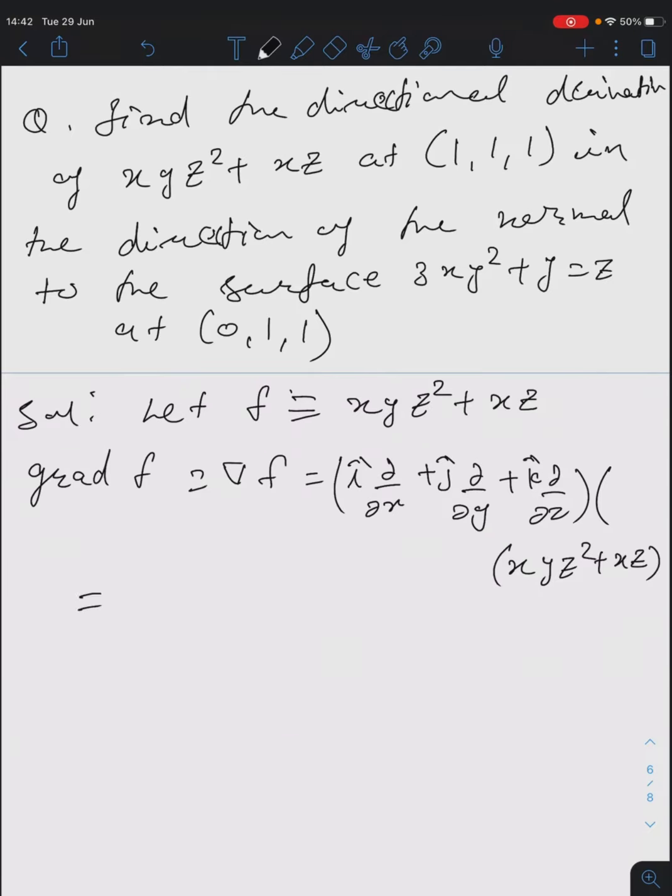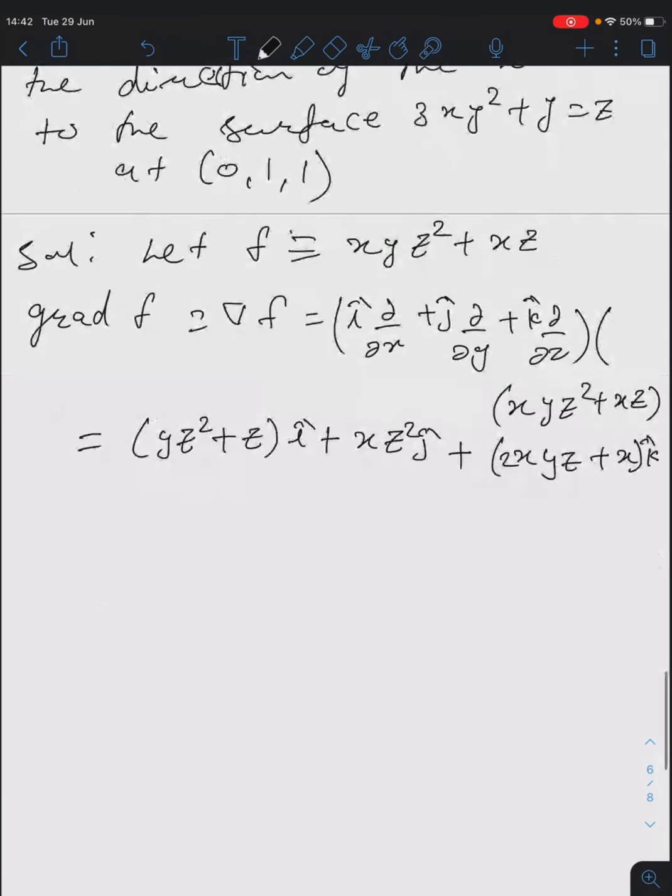It will be (yz square plus z) i cap plus xz square j cap plus (2xyz plus x) k cap.